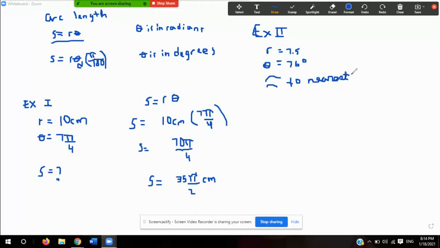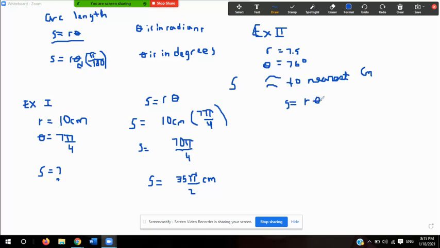So we're being given theta in degrees. Because we're being given data in degrees, that means that we have to use the second formula to find the arc length. Okay, so we're looking for S, which is the arc length, but approximated to the nearest centimeter. Now we're going to use the formula: S equals radius, which is 7.5, times theta, which is 76.